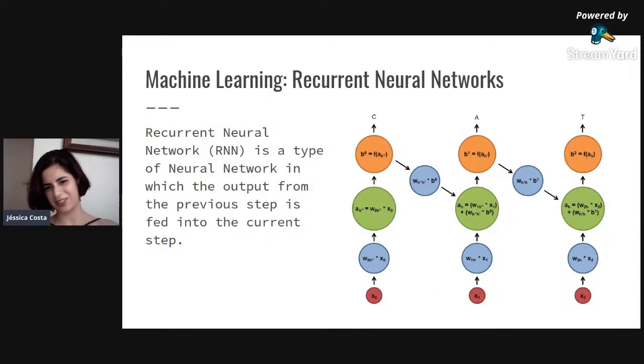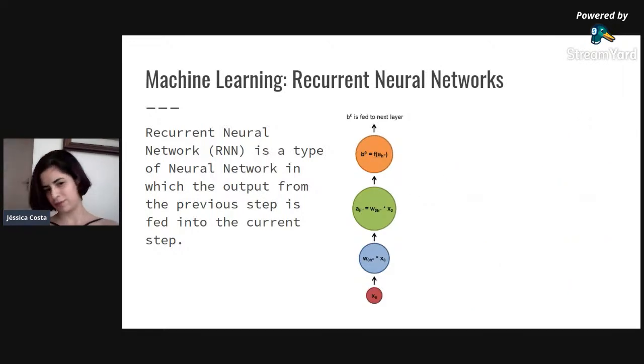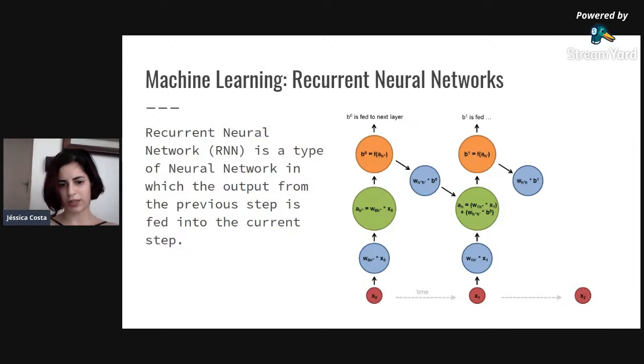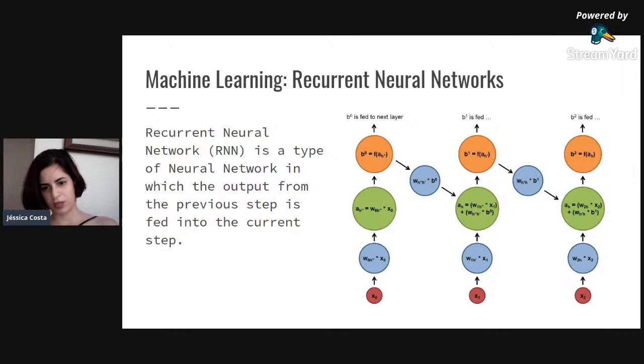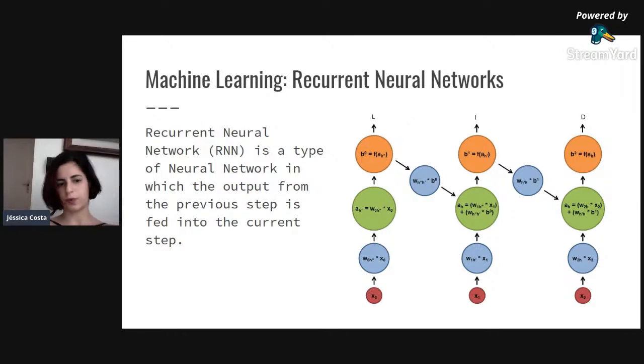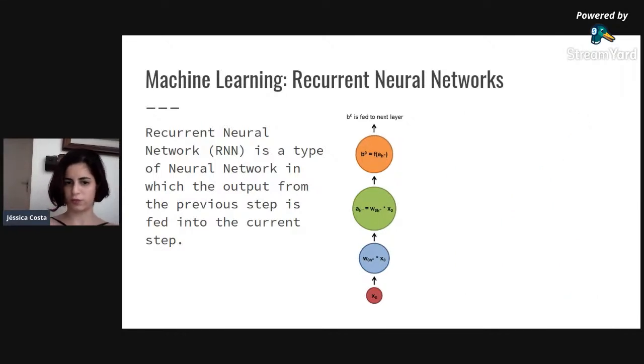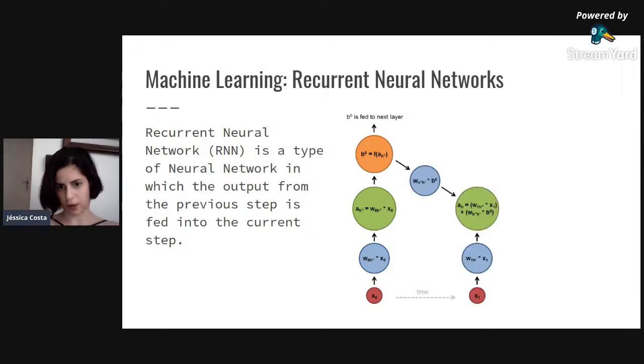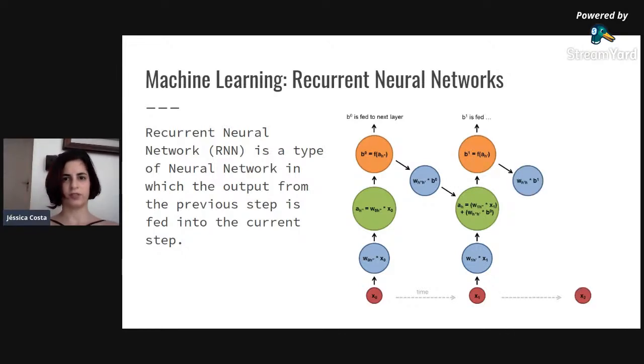This representation is good because I was looking for a good GIF to better represent these two types of neural networks. X0, X1, X2 is time. At the current time we use the output from the previous step in this epoch. This type of neural network is very powerful to work with sequences.